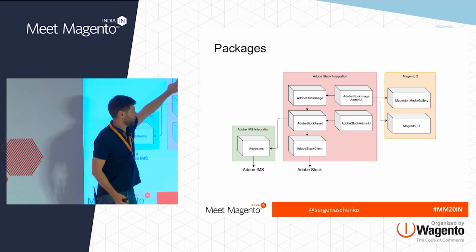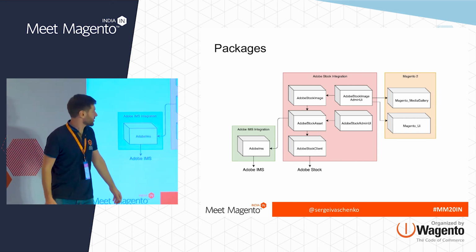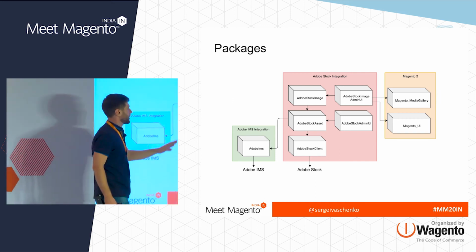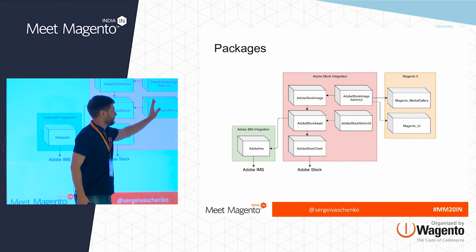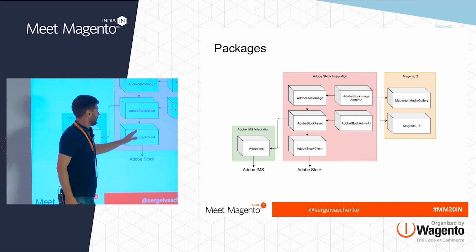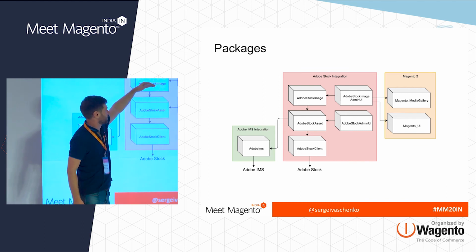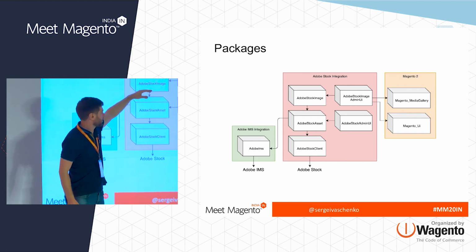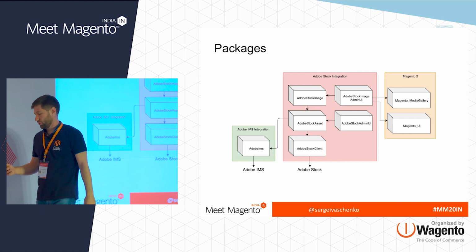And there is a big Adobe Stock extension implementation, and it is done in a layered way. We have the UI parts implemented in separate modules, client, asset, and image layers also in separate modules.